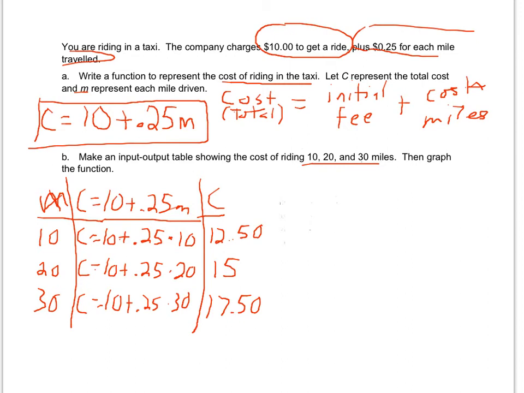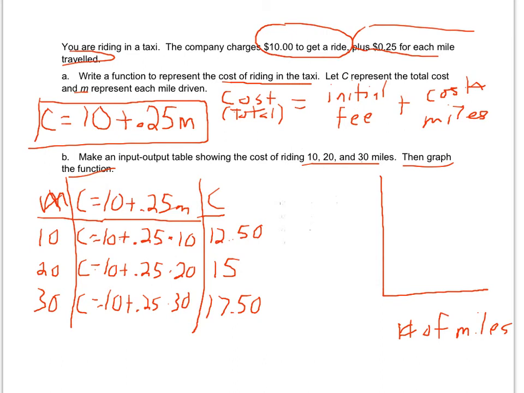Now it also says to graph the function. So over here, we need to make a graph. We need to know how to correctly label a graph. Our x values, our inputs, or in this case our m, are always going to go down here at the bottom. So I'm going to represent that as the number of miles. That's my input.